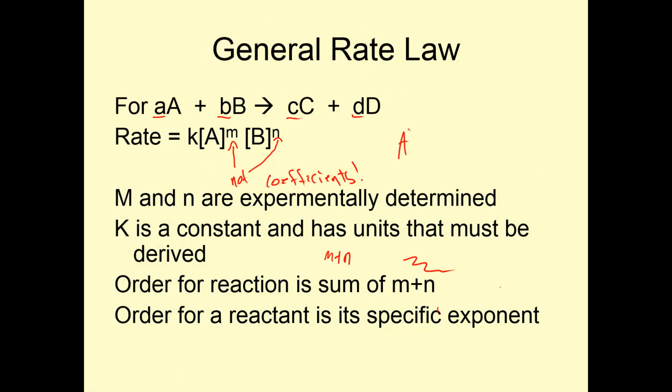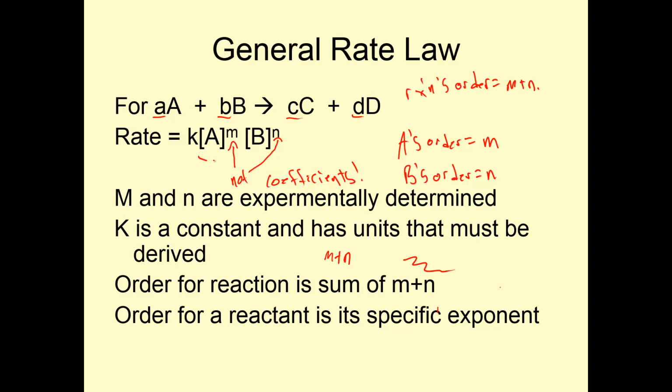Again, A's order is M, which is a number. B's order is N, which is a number. And then the reaction's order is M plus N. That's not a rate. It's called the order. It implies how much it impacts the rate.